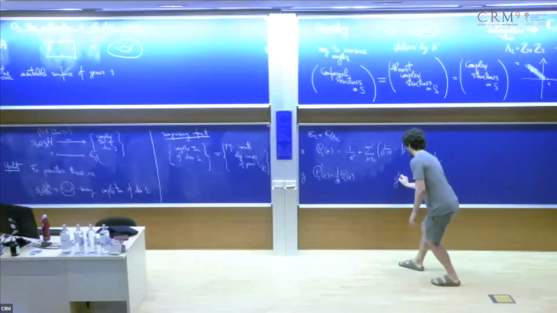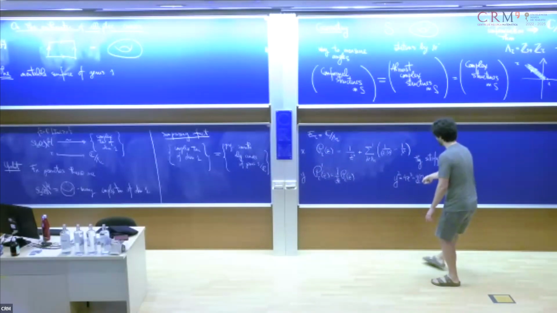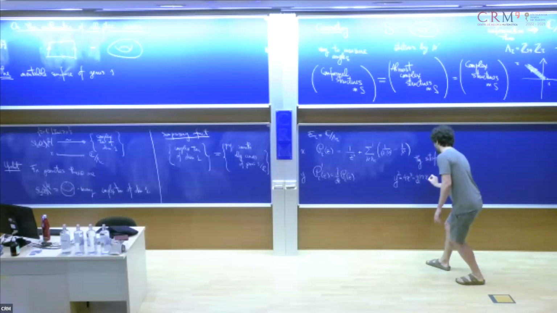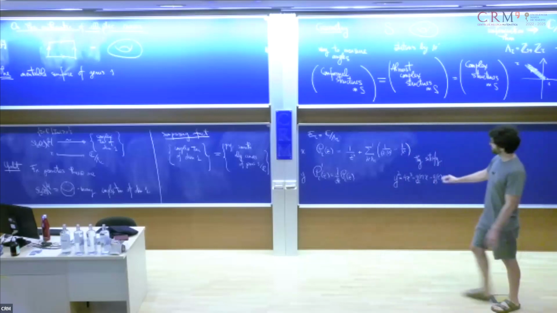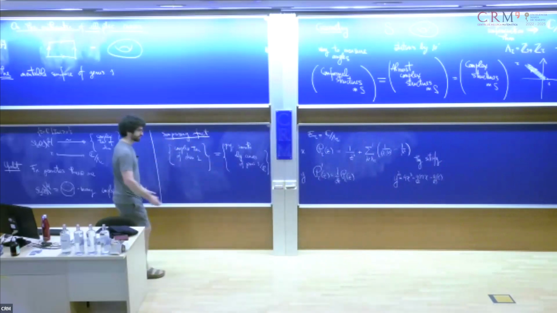So y squared equals 4x cubed minus something that is usually denoted by G2 tau, some constant that depends on tau, x minus G3 of tau. Okay, very nice. So that's somehow how this relation comes about.